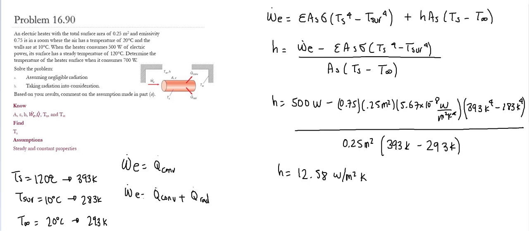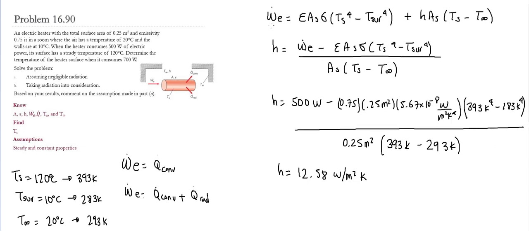Now once we have the value of h, we need to find the value of the surface temperature. So we're going to simply substitute the values in the original equation. We're going to have 700 watts, and that is going to be equal to 0.75 times 0.25 meters squared for the surface area, times 5.67 times 10 to the negative 8 watts per m squared Kelvin to the fourth.